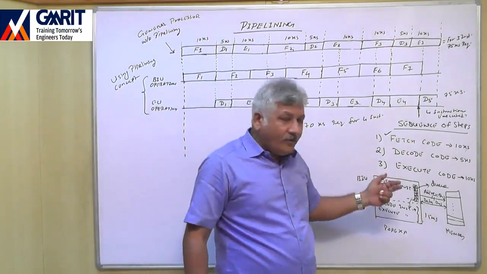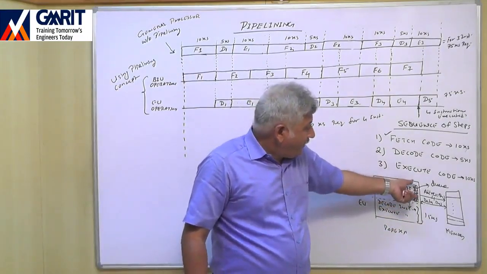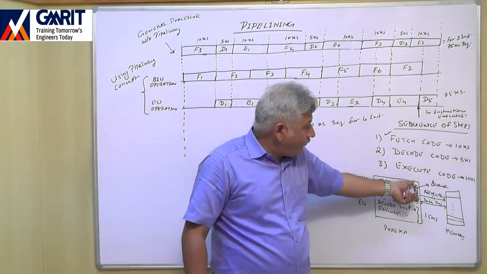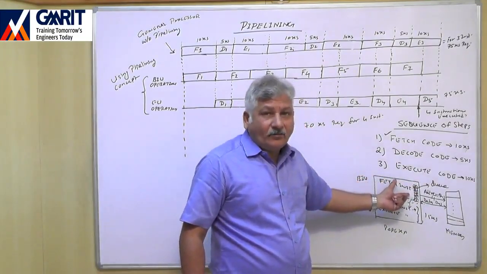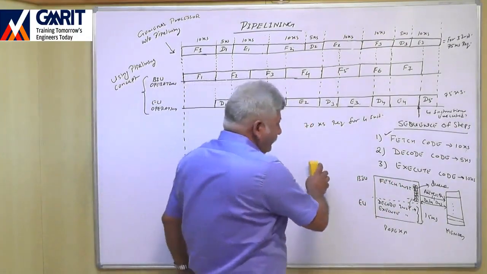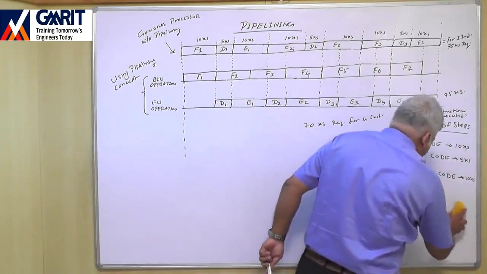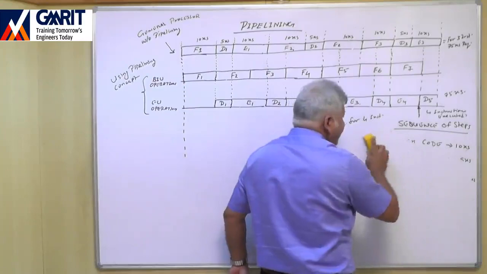So we are able to implement the pipeline concept by implementing a queue of 6 bytes inside the bus interface unit, right? With the pipeline concept, we are able to increase the speed of the execution of instructions.